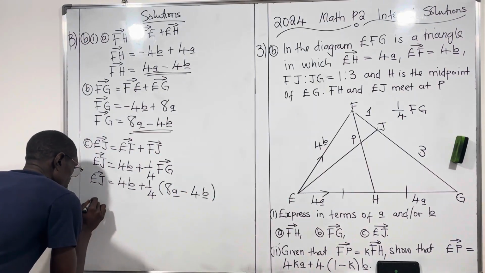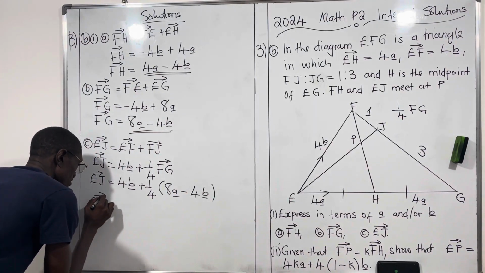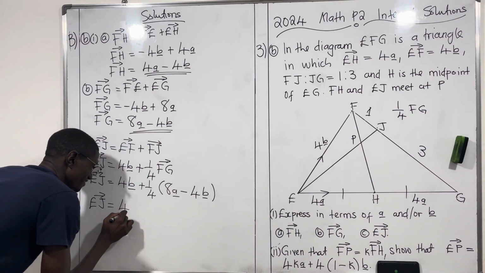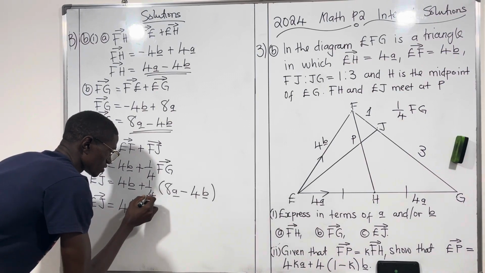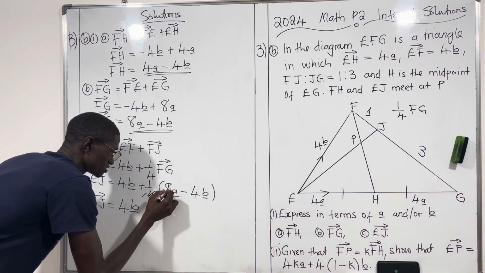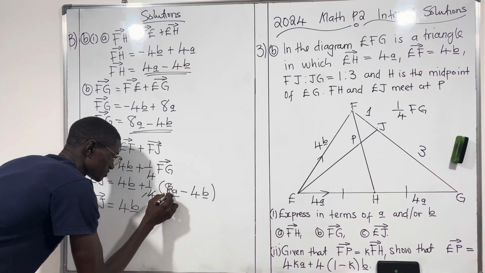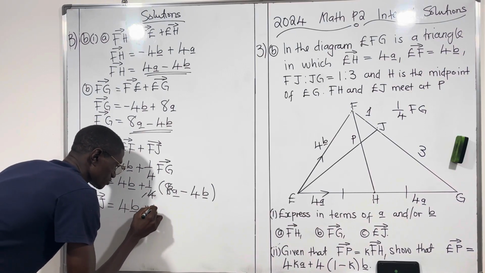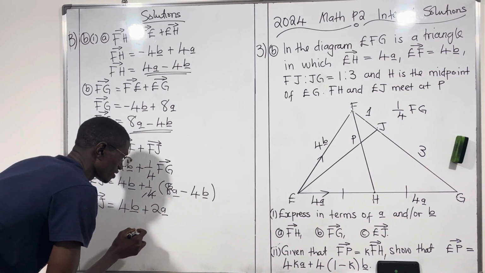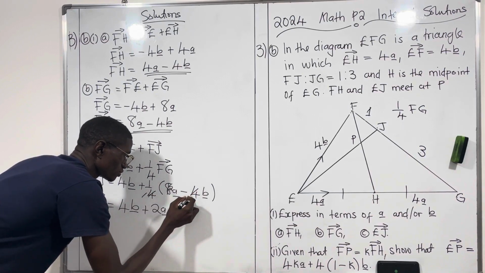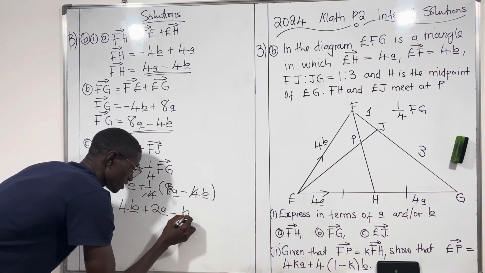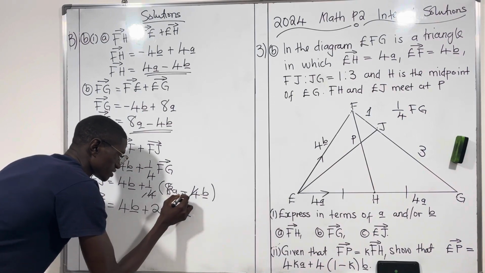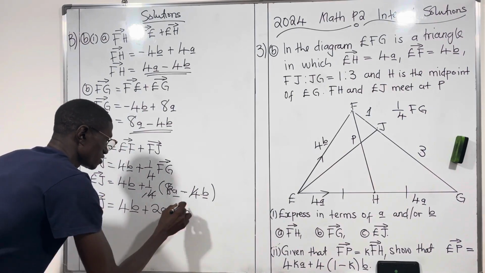So vector EJ is going to be 4 vector B, and then this is multiplication, so 4 into 8, 2. So 1 times the 2A gives us +2 vector A. 4 into 4, 1, so we're just remaining with vector B. 1 times vector B, negative vector B, because positive times negative is negative. Okay, so we are done there.